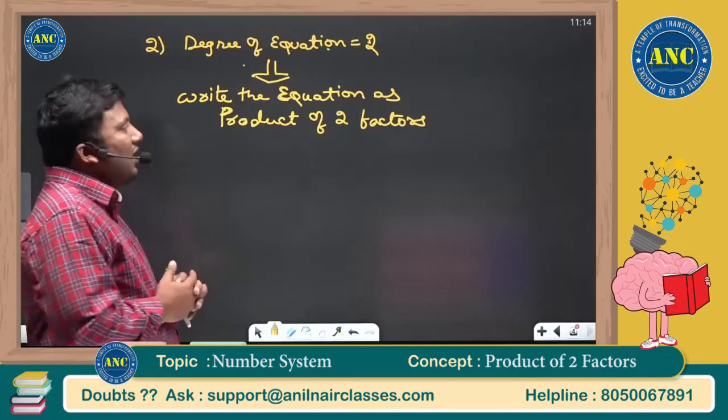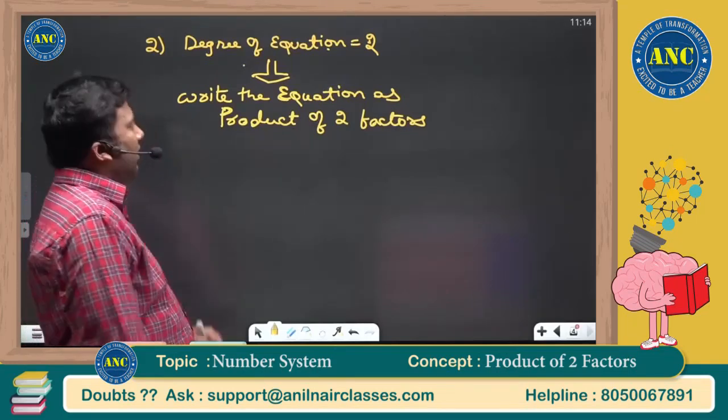Very, very important key point. Once we are solving problems, it will be extremely clear to you. When I'm solving problems, I will explain in detail how this concept can be used.